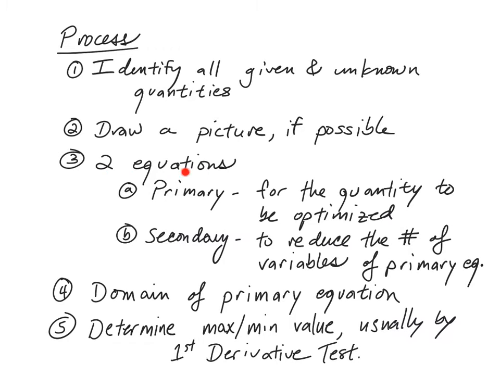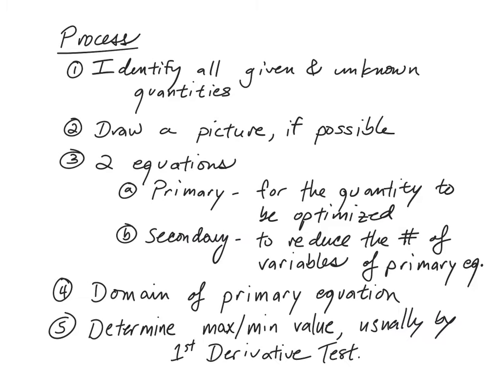Third, we will need two equations. So for optimization, we will have two equations, the first being the primary equation. This is the equation we need for the quantity to be optimized. Another way of thinking about this is that the primary equation is what we will end up taking the derivative of.